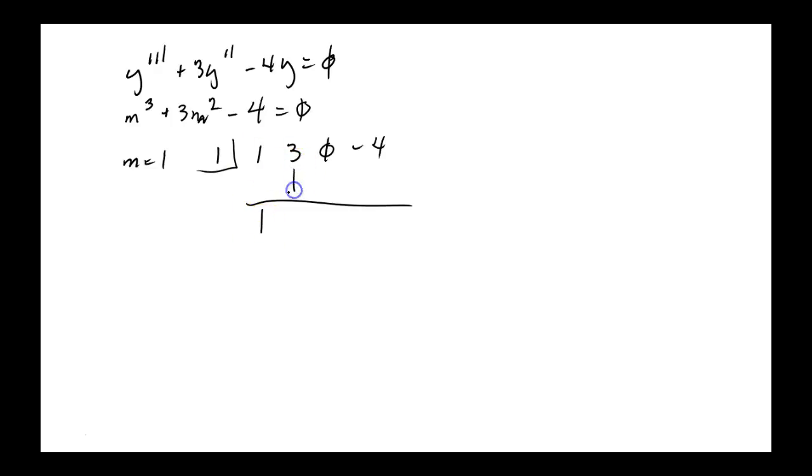Multiply, add. 1 times 1 is 1. 3 plus 1 is 4. 1 times 4 is 4. 4, 0. That means your remainder is 0, so it is a factor. We knew that, but we can do it again.